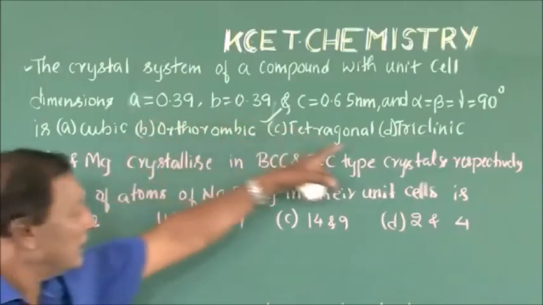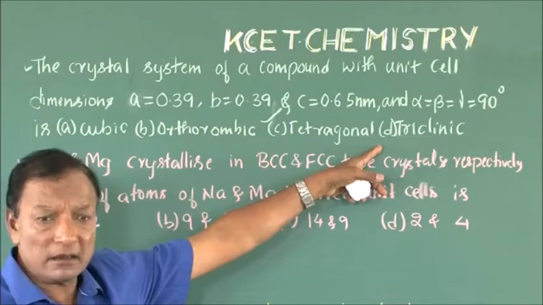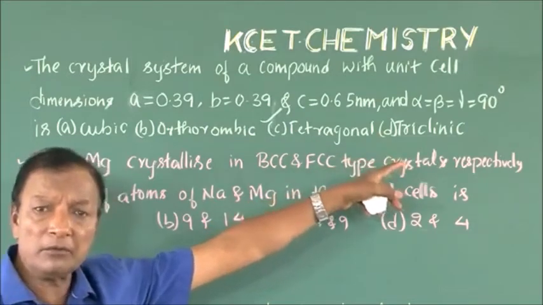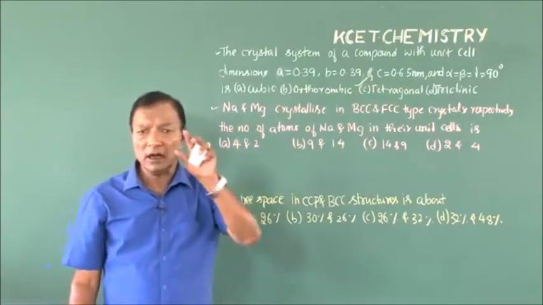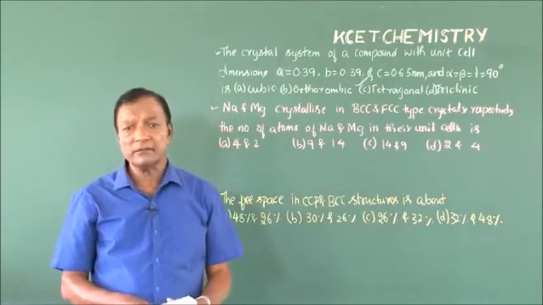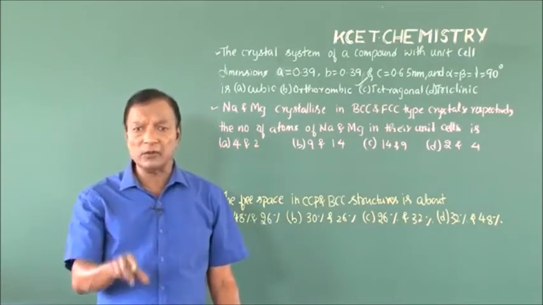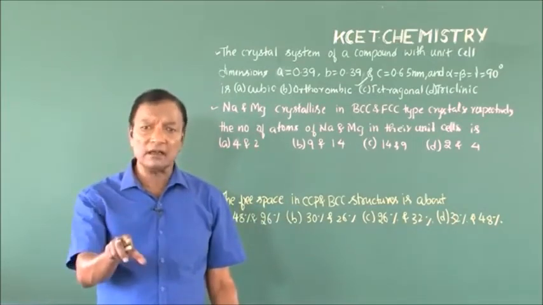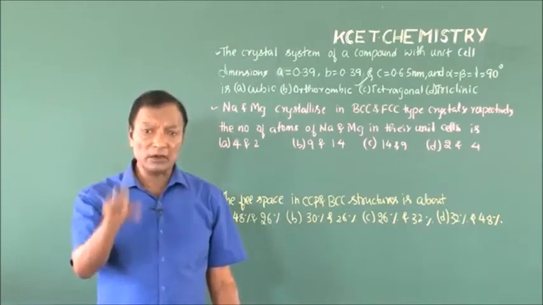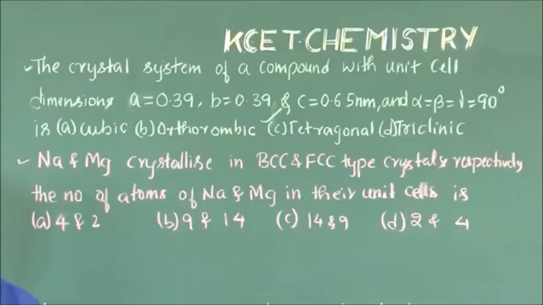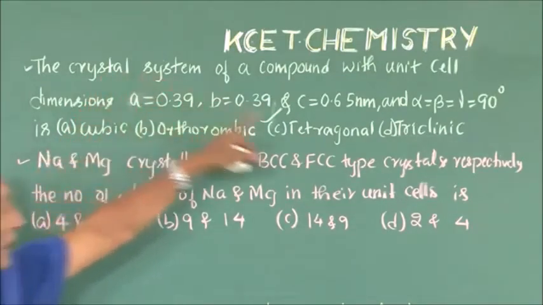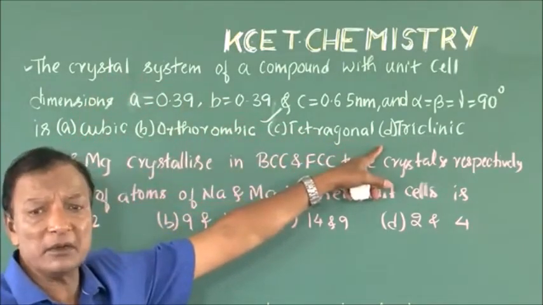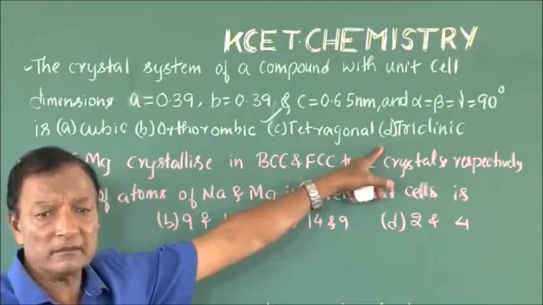While the last, that is the triclinic, here we have the total opposite characters. All edges are unequal, all angles are unequal, and they are not equal to 90 degree. One, the most symmetrical cubic, and another, the most unsymmetrical triclinic.